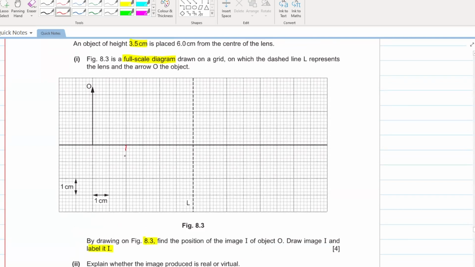This is your focal length on the left hand side, and this is your focal length on the right hand side, since the focal length is 4 centimeters. Now you have to draw the image.